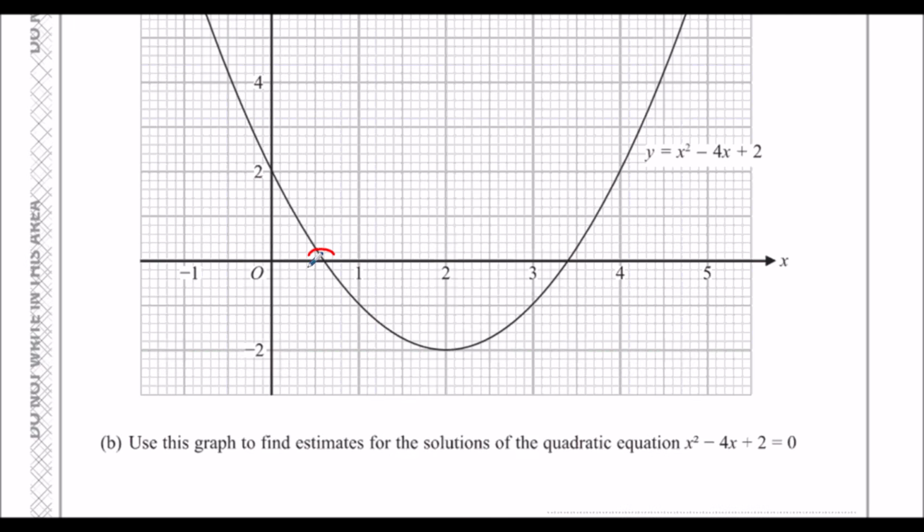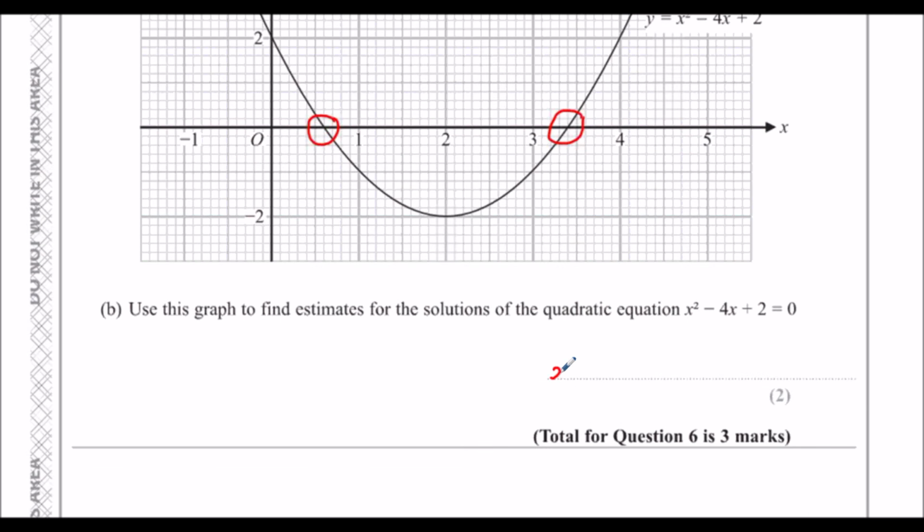So we're looking here and here. The roots of the quadratic equation, the roots of the quadratic graph are where it crosses the x-axis. So we have 0.6 and 3.4. So x is equal to 0.6 or x is equal to 3.4.